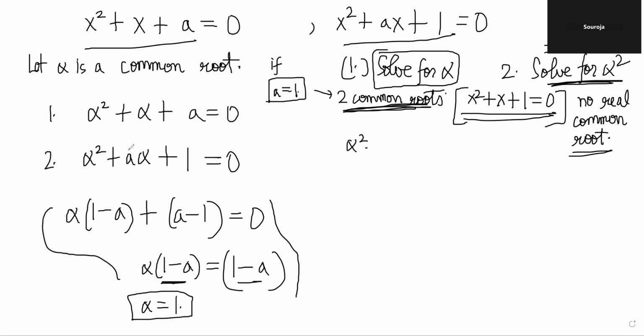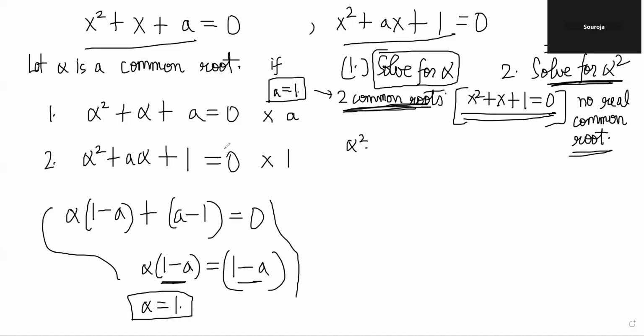So in order to solve for alpha square, I should multiply the first equation by a and leave the second one as it is, because then only I can cancel the middle term. To solve for alpha square, I should eliminate the alpha variable.